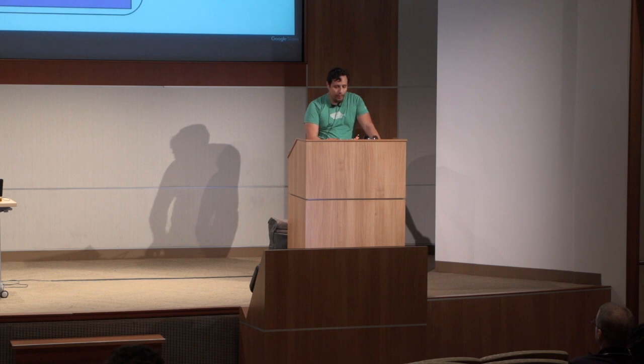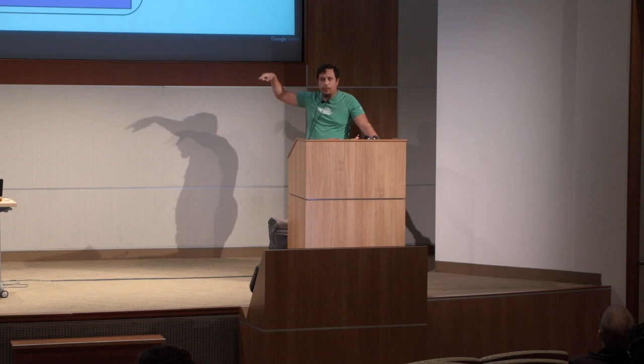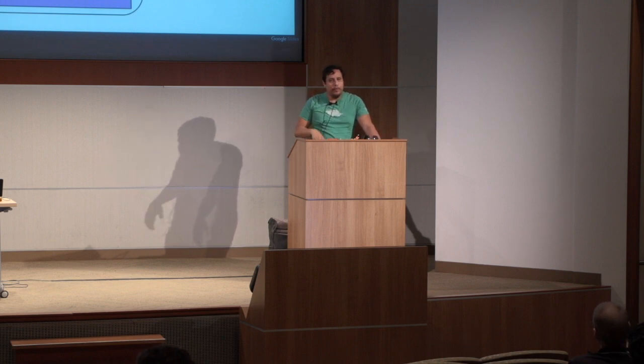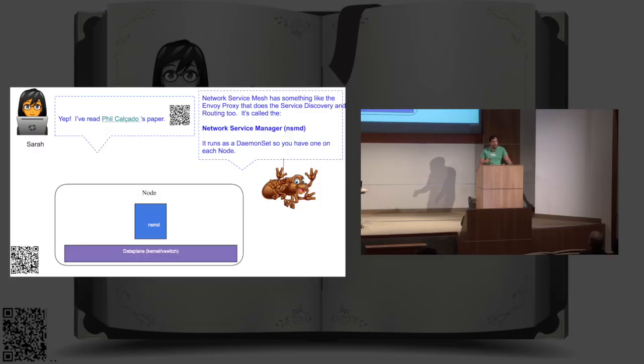In this scenario, we have a node, a network service manager, and a data plane. One key difference as well is that we actually don't provide the data plane itself, but rather we work with a data plane. So if you bring vhost user, you bring OVS or whatever it is that you want, you should be able to gain interactivity with that. We're working with data plane providers in order to increase the number of data planes that we're working with.